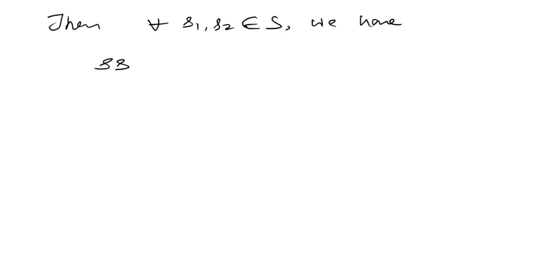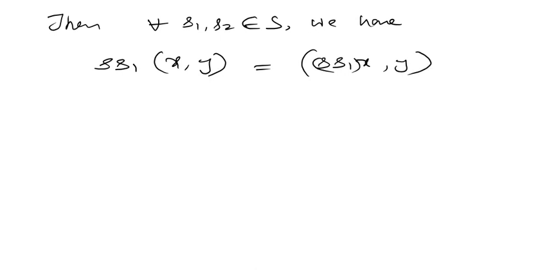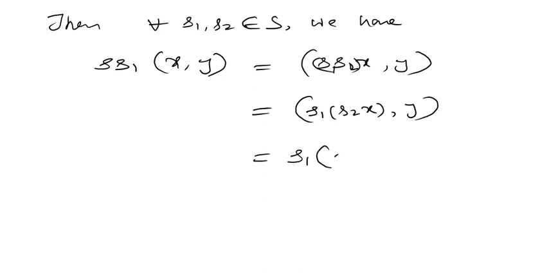So then for all s1, s2 in S, we have (s1 s2)(x, y). By definition of action, it's equal to ((s1 s2)x, y), but X is a left S system, so it's (s1(s2 x), y). Now this one, by again definition of action, is equal to s1 times (s2 x, y).